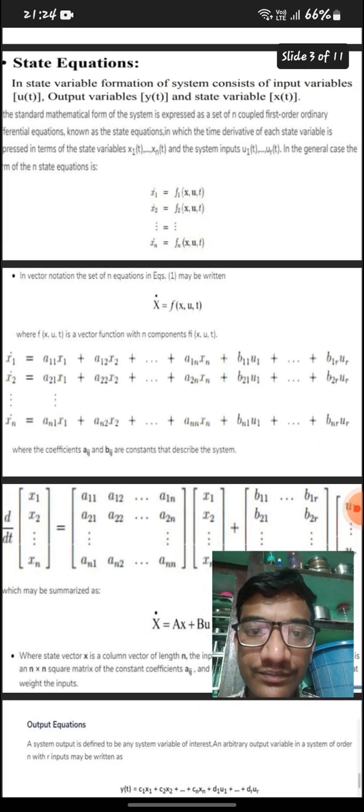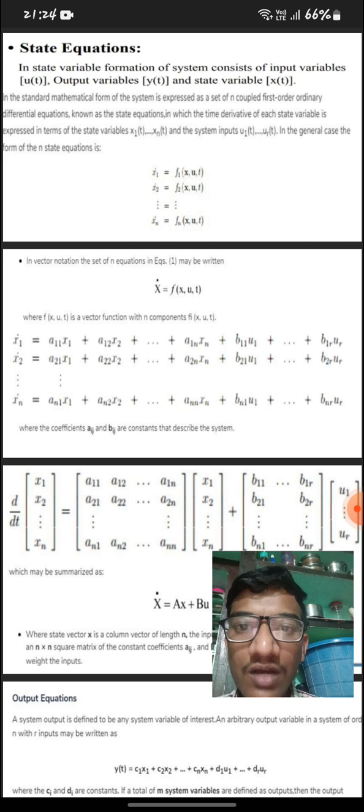In vector notation, the set of n equations may be written as x dot equals f of x comma u comma t, where f of x comma u comma t is a vector function with n components.